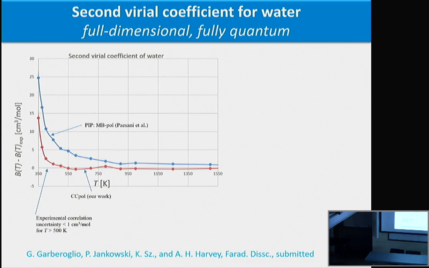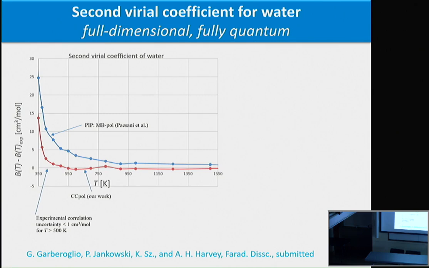Okay, another second virial coefficient, for water. Again, experimental, to see the differences. Those two things are very close together if you plot the whole potential virial coefficient. So this is the difference between theoretical and experimental value. Experiment is this line here, the zero line.